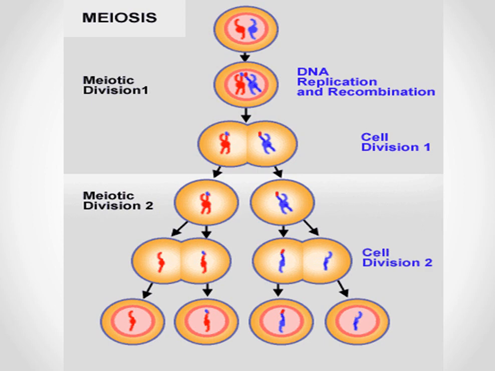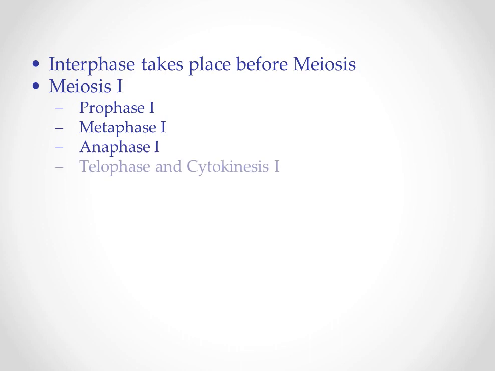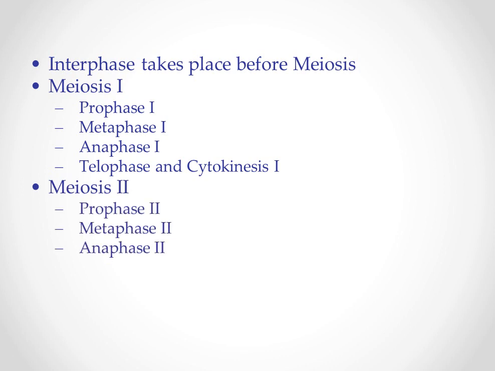Meiosis goes through two different divisions, two different rounds, in order to get its 4 end products, either 4 sperm or 1 egg and 3 polar bodies.